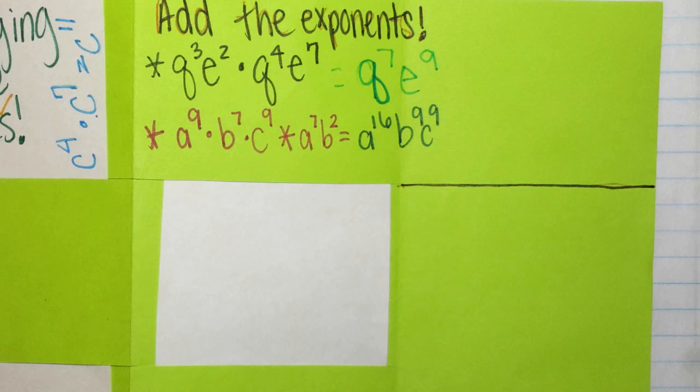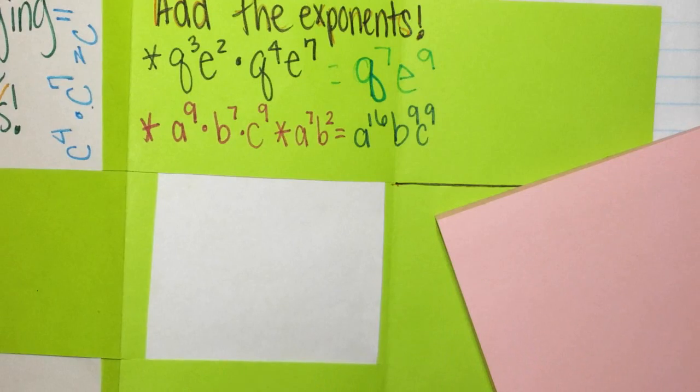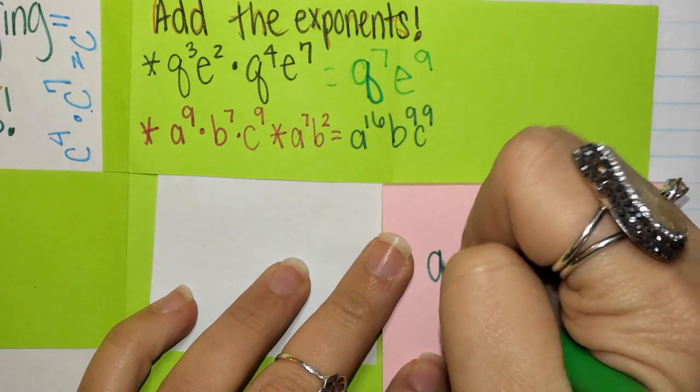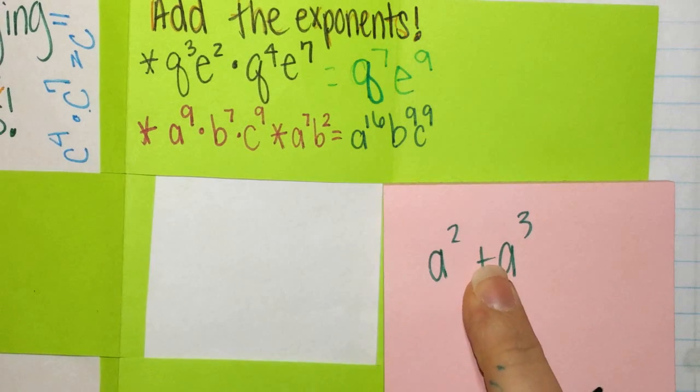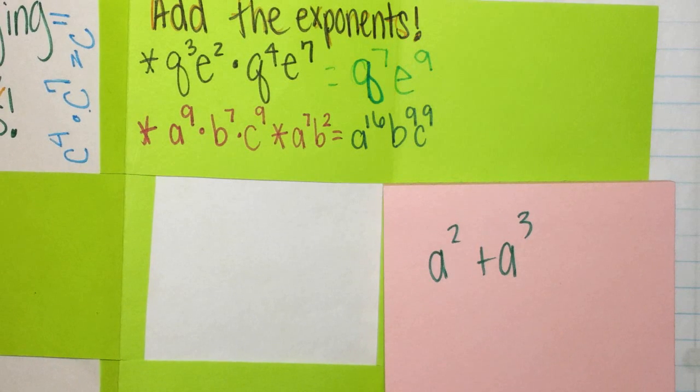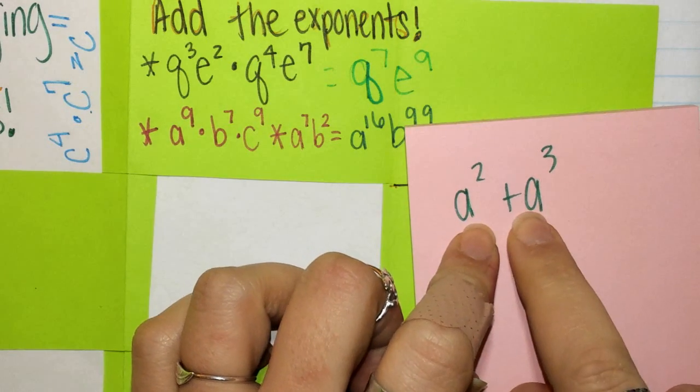So if I had, for example, this, could we combine those? No, because they're adding. These have different exponents, so these are not like terms.